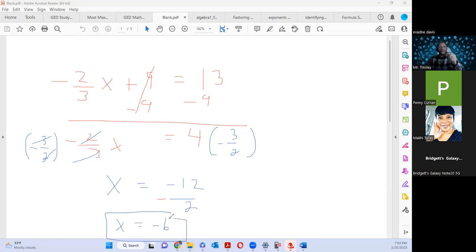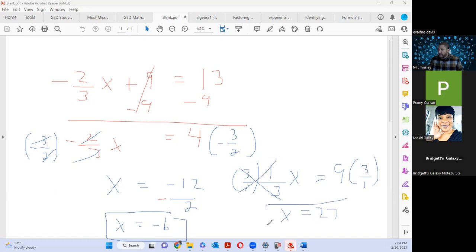Anytime you have a fraction as a coefficient, you want to multiply by the reciprocal. For example, if I had 1/3 x equals 9, I'm going to multiply by 3 over 1. Whatever I do on one side, I do on the other. The 3's cancel, the 1's cancel, x equals 27.